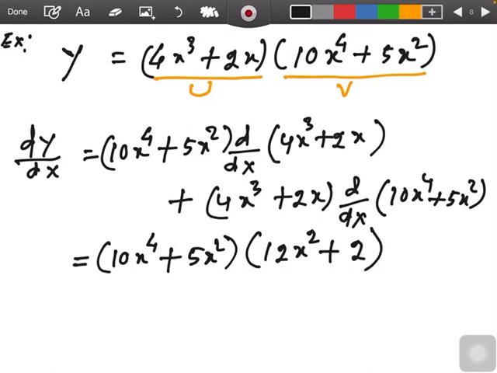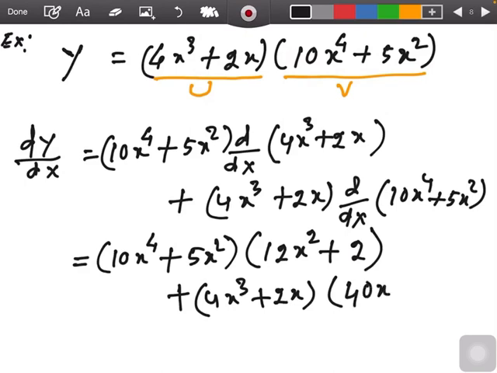And here 4x cube plus 2x and derivative of 10x to the power 4, this is your 40x cube plus 10x. So this is your product rule.